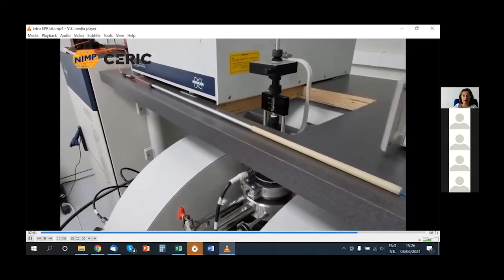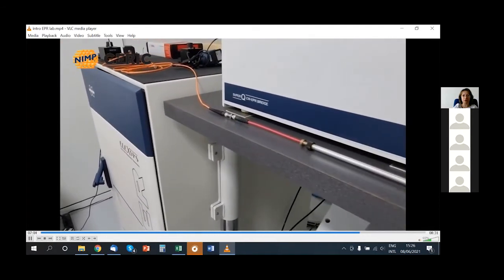Here there is the setup for in situ illumination.